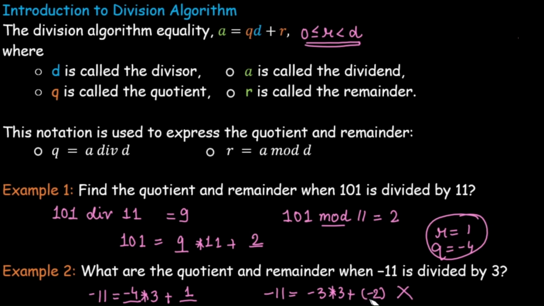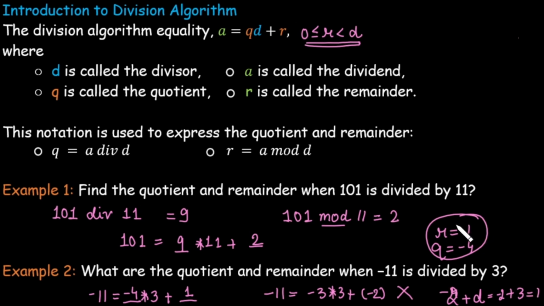Whenever you are finding the remainder, if you get a negative remainder, there is a key to get a positive remainder. What you need to do is convert the negative remainder into a positive one by just adding the divisor. The divisor in this case is 3. So minus 2 plus D, that is 3, so we can write minus 2 plus 3 is equal to 1.